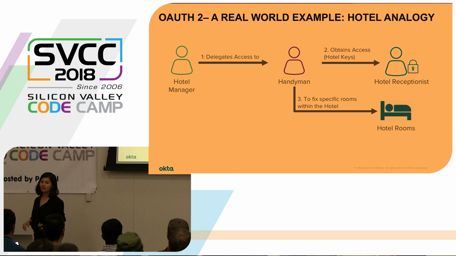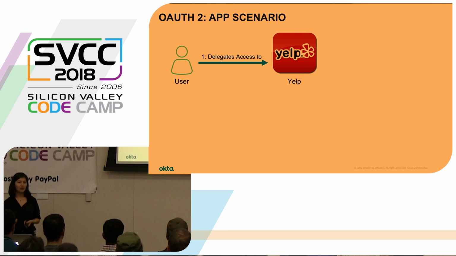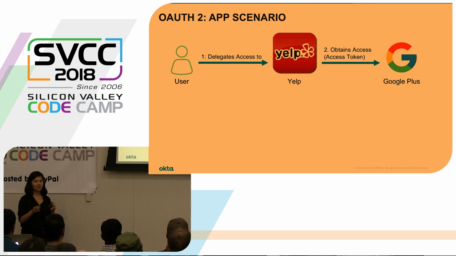If we translate it to an app example, this is how it looks. The user delegates access to, let's say, Yelp. Yelp asks for access on my behalf from, let's say, Google. Let's say Yelp has a feature called Reserve, and when you reserve, I want Yelp to automatically book that time in my calendar.